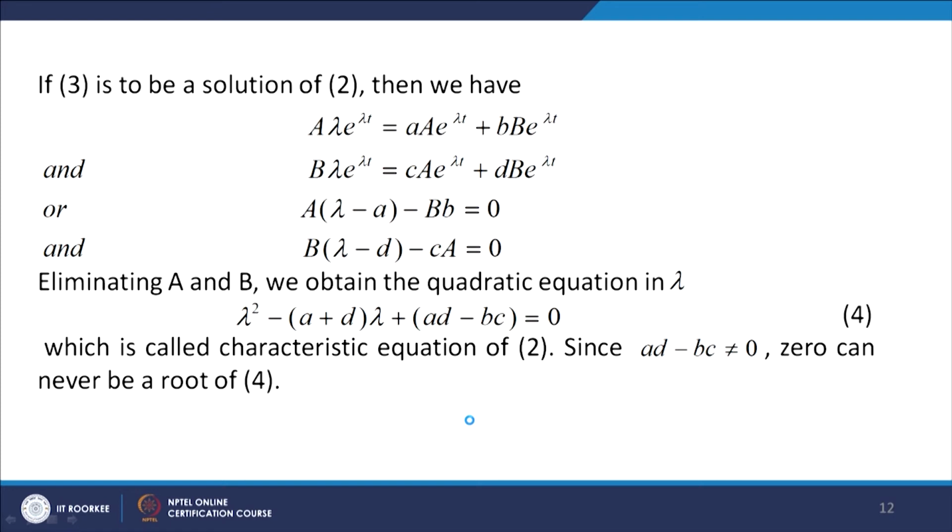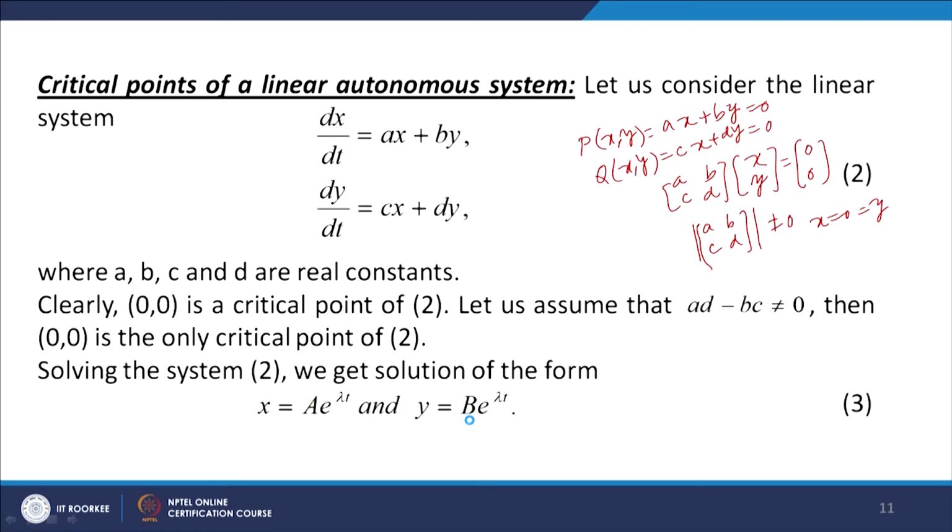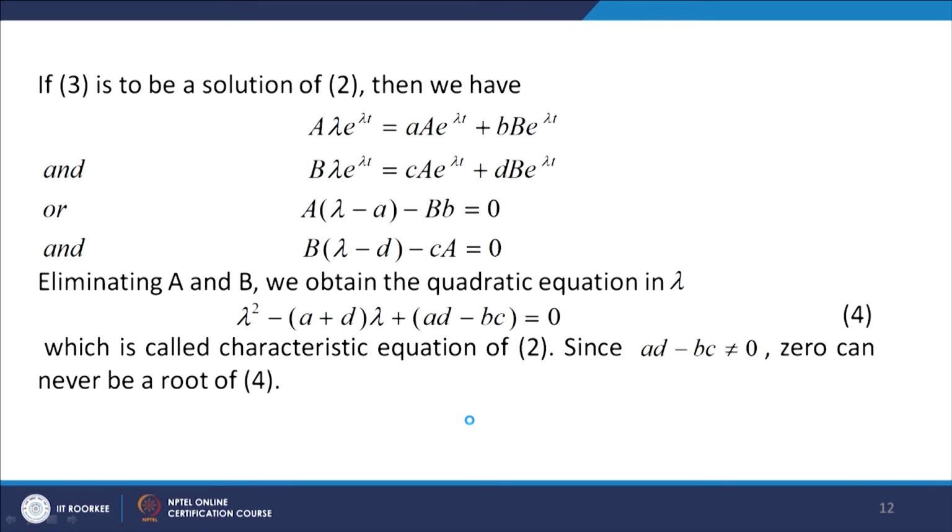And so, if x equal to a e raised to the power lambda t and y equal to b e raised to the power lambda t are solutions of 2, then x equal to a e raised to the power lambda t gives dx by dt equal to a lambda e raised to the power lambda t, and y equal to b e raised to the power lambda t will give dy by dt equal to b lambda e raised to the power lambda t.